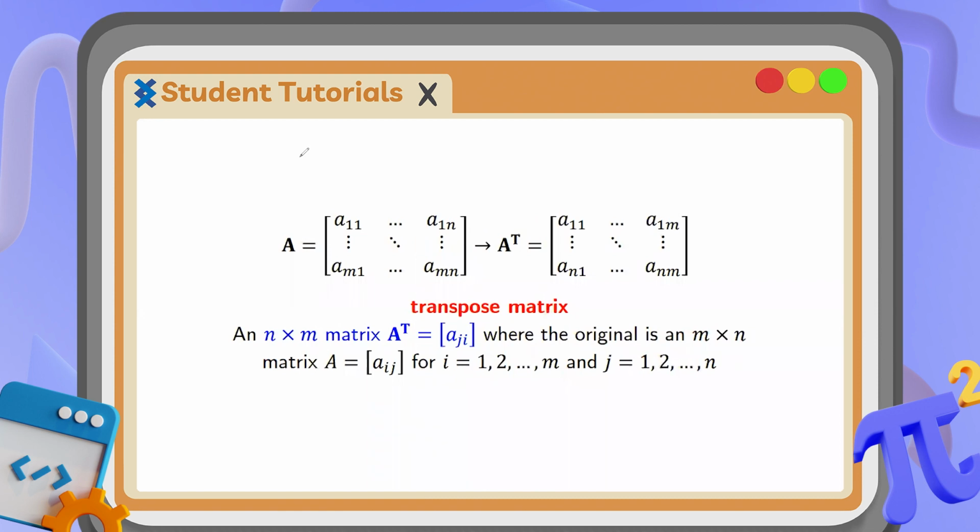So next we have the transpose matrix. So this is an n by m matrix, A sub ij raised to t, which is equal to A sub ji, where the original is an m by n matrix, A equals A sub ij, for i equals 1 to m and j equals 1 to n. So with this, you can think of your transpose matrix as follows. If this is your original matrix, this is going to be your transpose matrix.